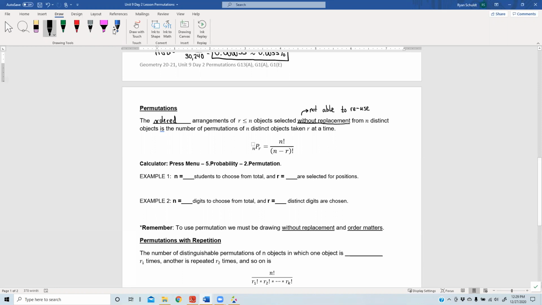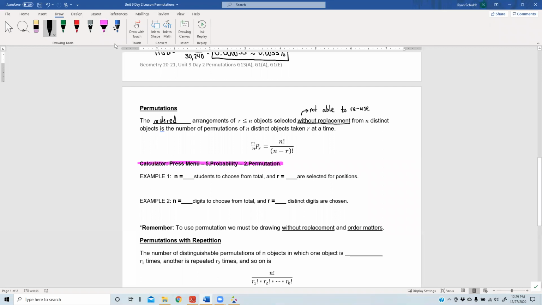On your calculator, you can go to menu, probability, which is more than likely option 5, and then permutation, which is more than likely option 2.